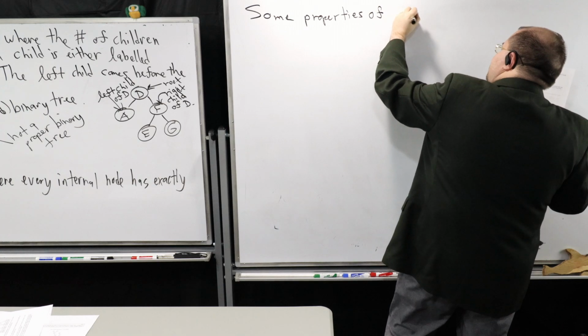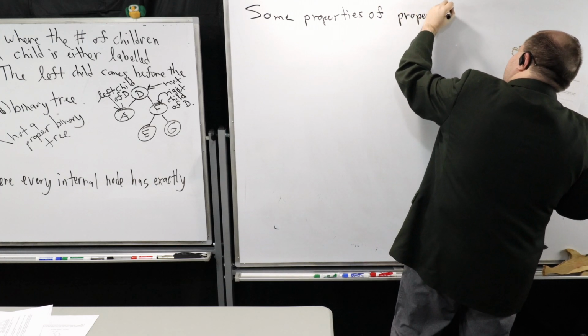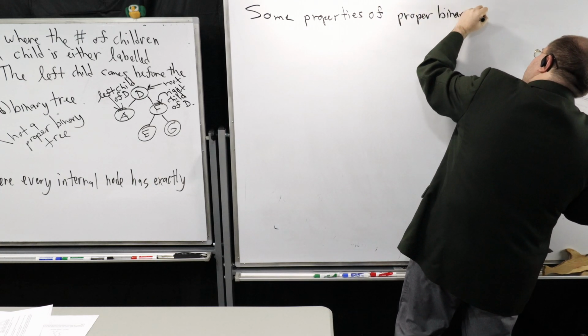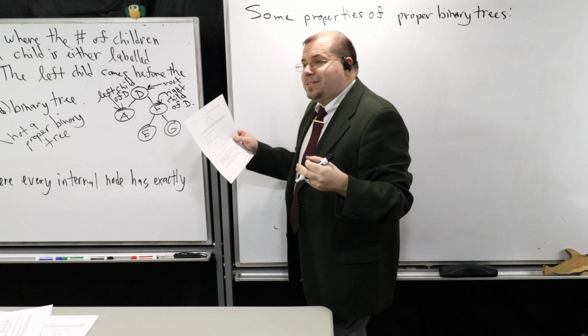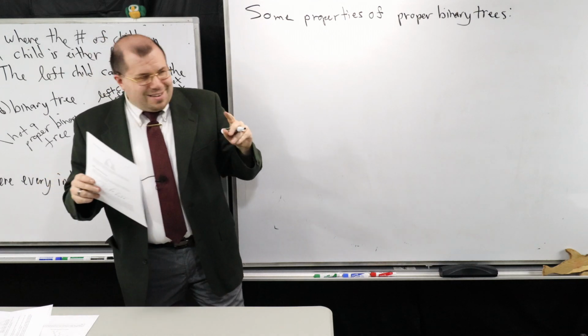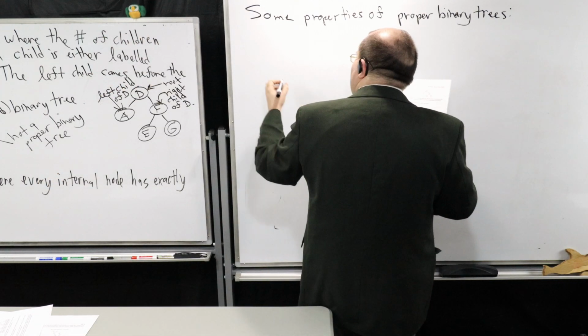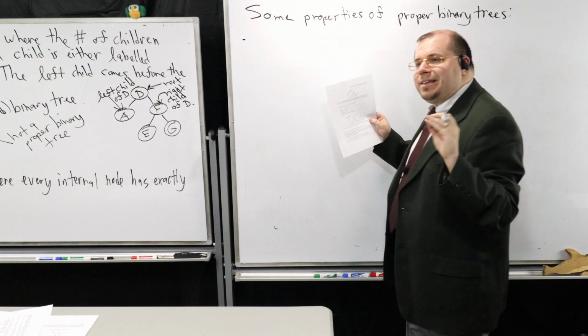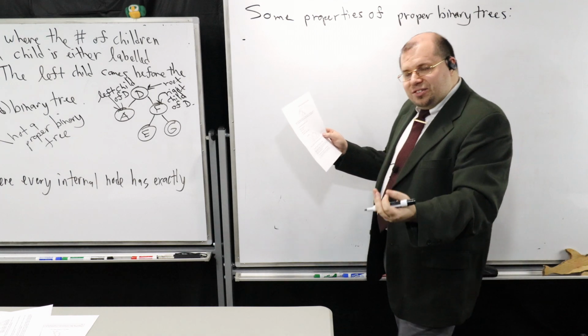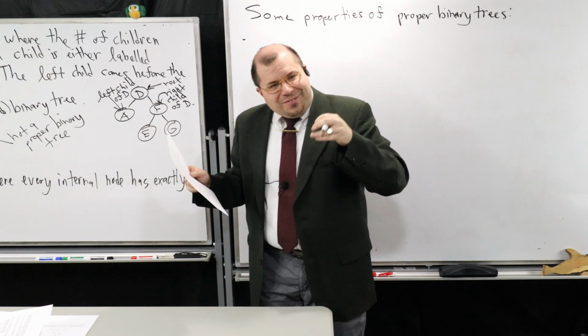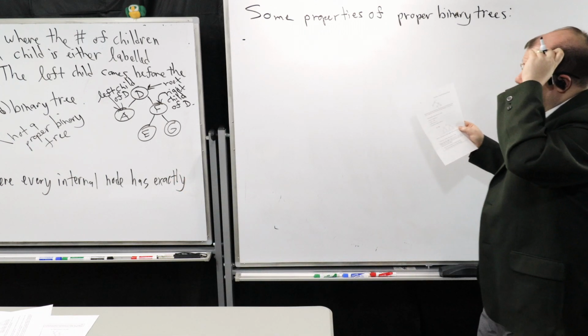So I must stress that these are proper binary trees here. So the first one I want to point out is I'm going to present each one of these without proof. Some of them I'm going to try to convince you of, but for the sake of time, I'm just going to present them without proving them to you.